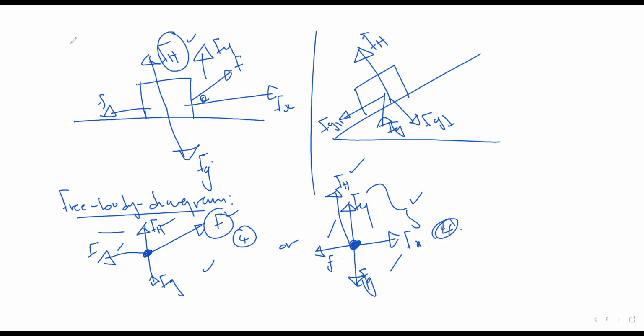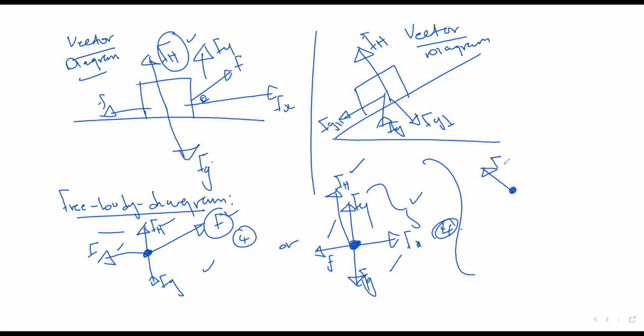This one is what we call a vector diagram. This one is also a vector diagram. So here, for you to draw this one, we're going to have this force, a normal force, Fn, and a gravitational force, which is Fg.